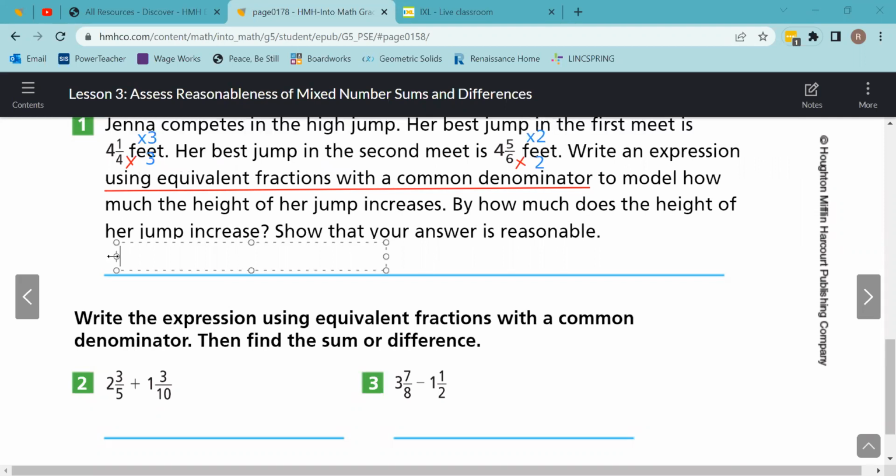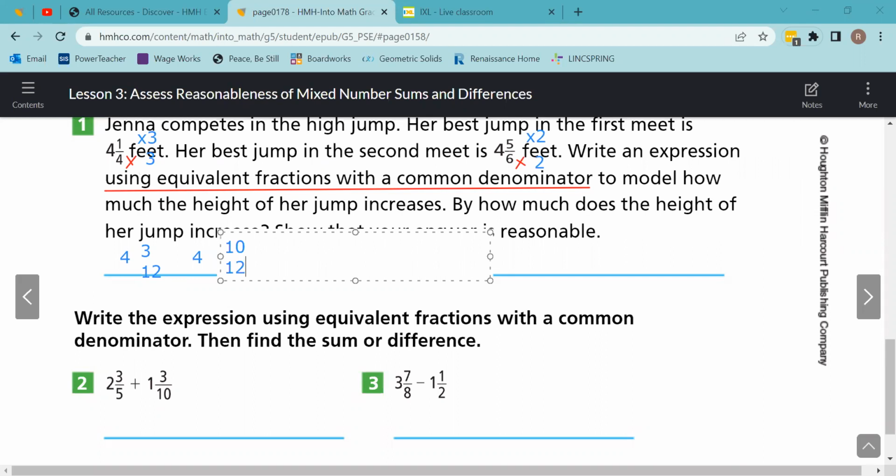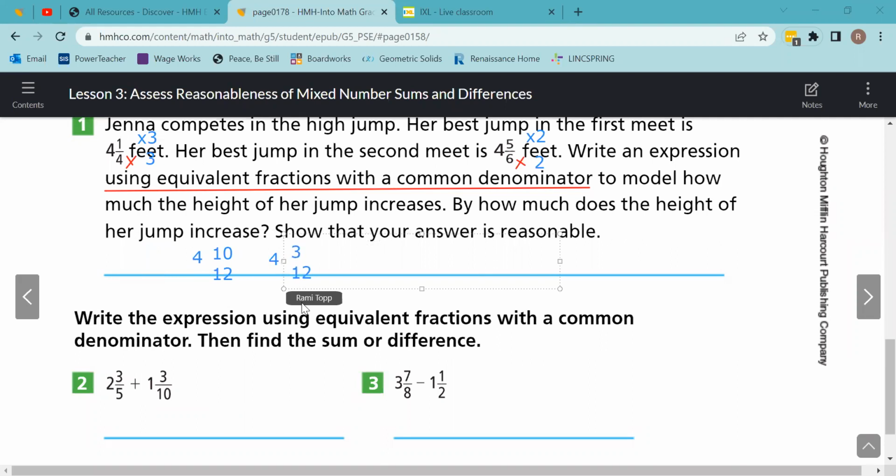Okay. So rewriting these here, we've got 4 3/12 and we've got 4 10/12. Clearly, when we're checking this, 4 10/12 is the bigger fraction. Okay, by how much does the jump increase?